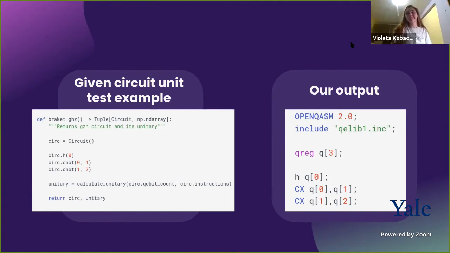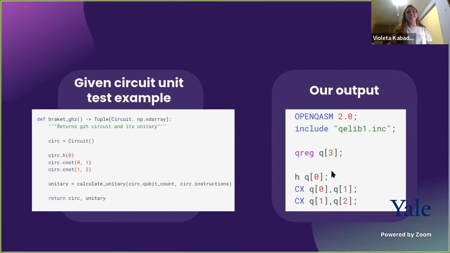So to put all the pieces together, this is an example circuit. I believe you can see my pointer, my mouse. This is an example circuit written in Amazon Bracket. It was actually in the unit tests in order to see if our project actually works. And this is an example OpenChasm output for it.